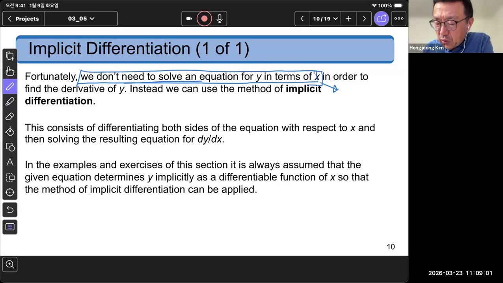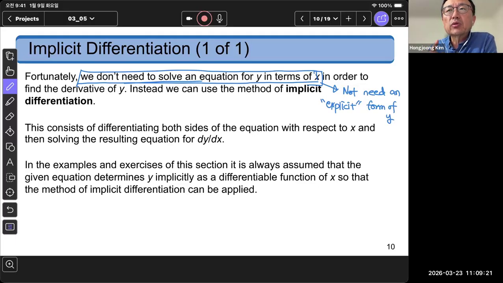That means we do not need an explicit form of the y variable. All you have to do is remember that this y is somehow related with x. And for this somehow, in mathematics we say y is implicitly related with x.